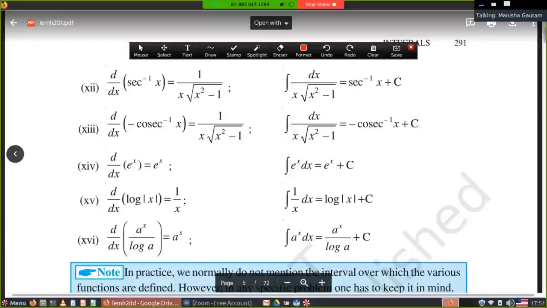This is today's task for you. First, write them down in a notebook and learn them. Then we can proceed to the questions and you can do the questions of integration. Before you do integration questions, you have to learn all these formulae.